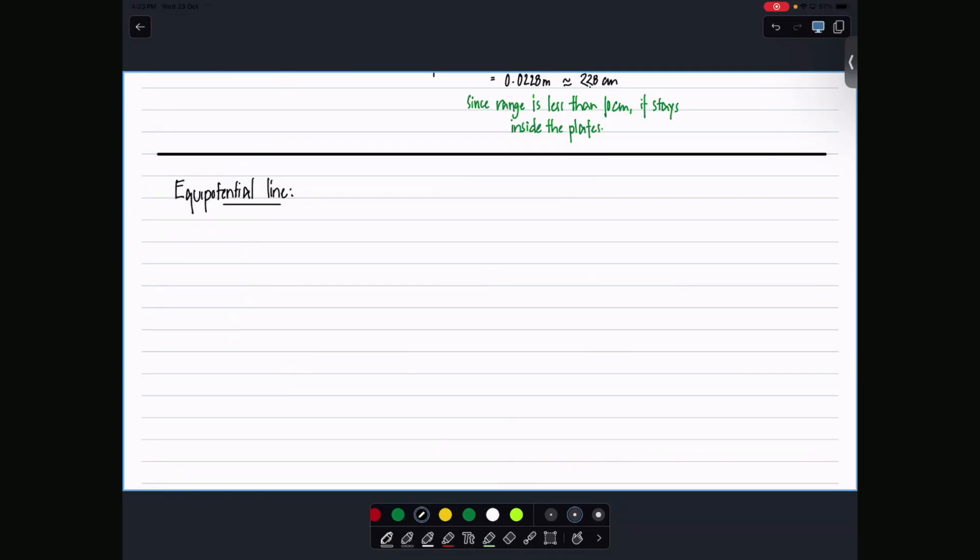They have the same potential in that line. What's the potential? Yeah, it's the amount of energy per unit mass. Yes, very good. You're right.